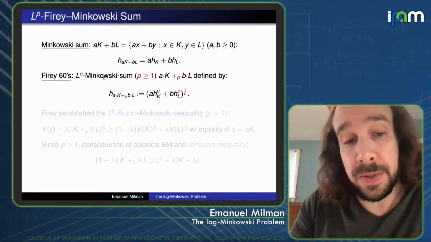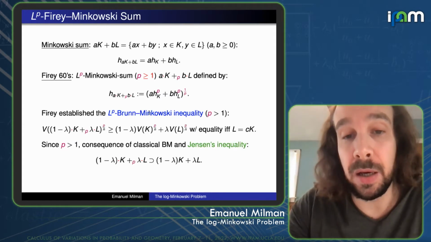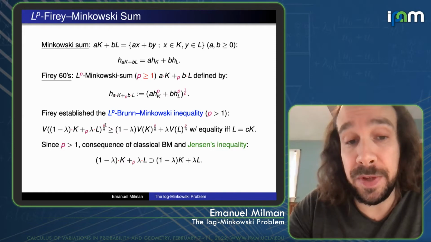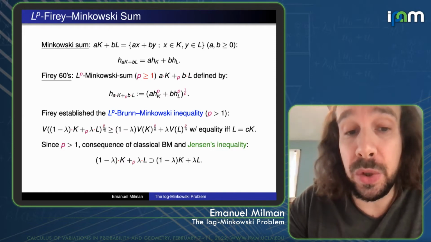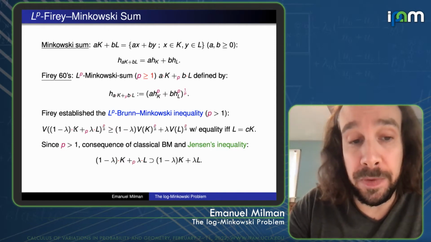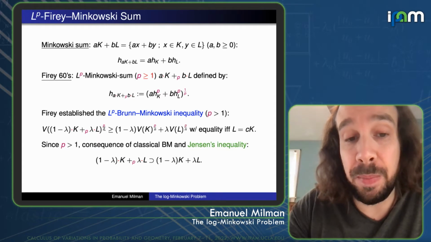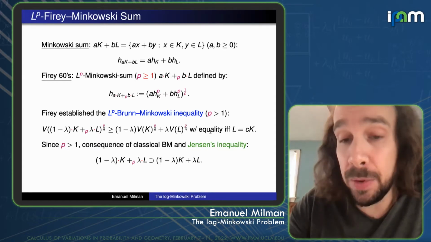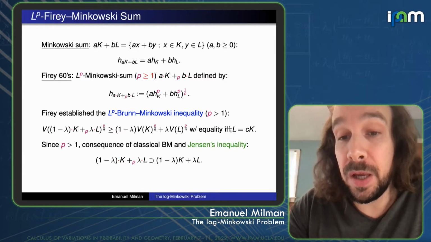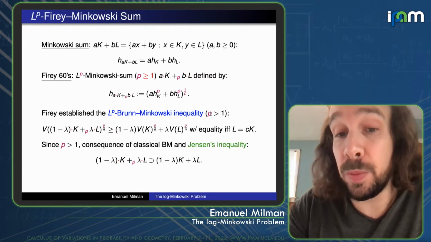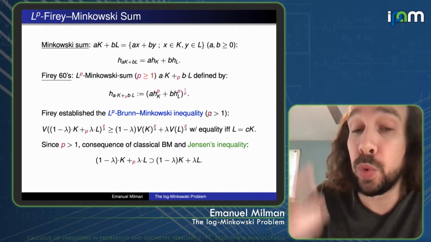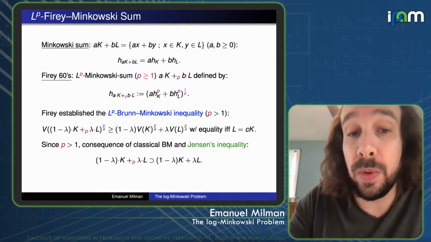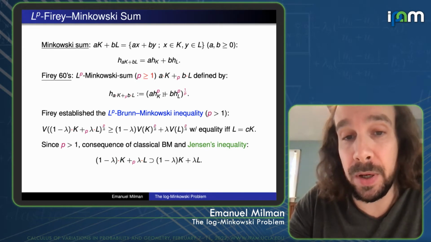Okay, and indeed he established the corresponding Lp Brunn-Minkowski inequality, which is this inequality. Instead of taking the nth root now, you raise the volume of the Lp combination to the power of p over n. And again, you have equality, but now you have equality if and only if, since p, let's say, is assumed to be strictly larger than 1, you've ruled out translations, because translations don't commute well with this new operation of Lp Minkowski sum.